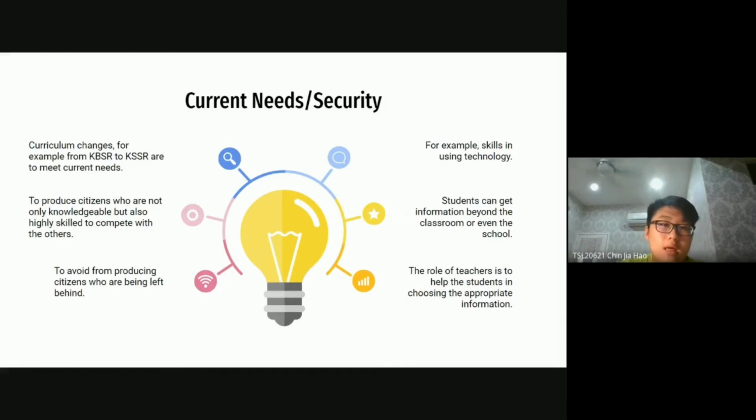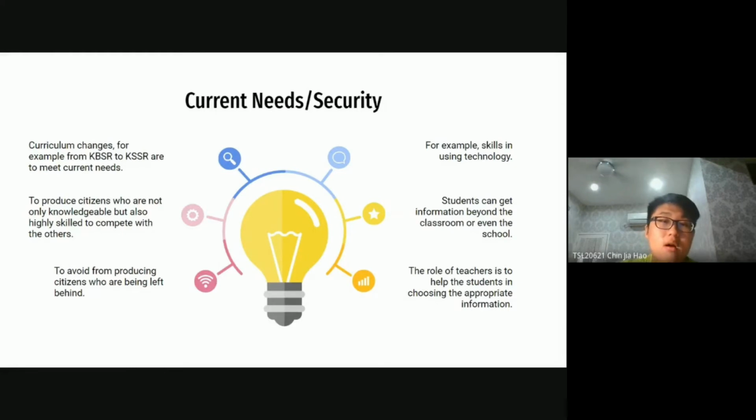The reason for changing KBSR to KSSR is actually to meet the current needs, and the aim of meeting the current needs is to produce citizens who are not only knowledgeable but also highly skilled compared to others. In a simpler way, it is to make sure that the citizens or the students, the younger generations, could compete in the challenging global workplace.